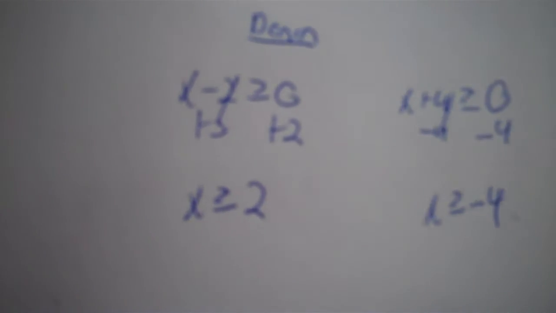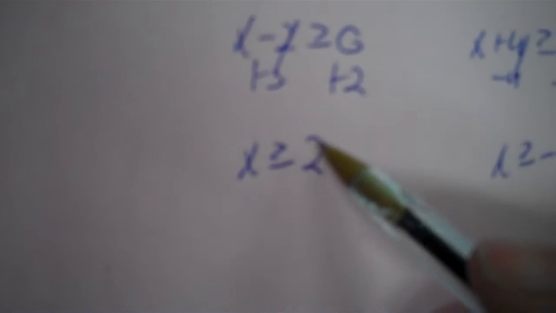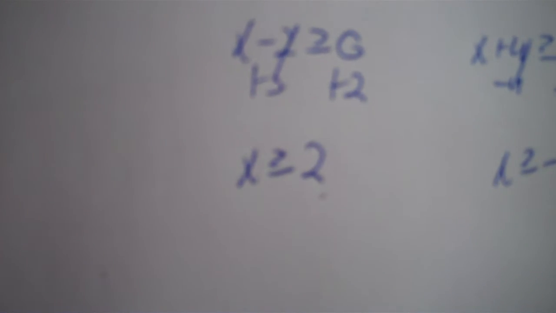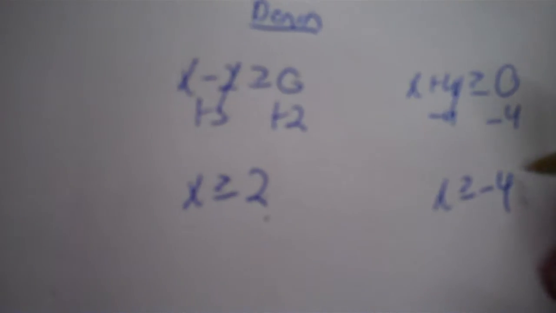Now when you have 2 of them, the one that's smaller you need to ditch, okay? Because x has to be greater than or equal to 2, okay? Greater than or equal to negative 4 doesn't really tell me a whole lot, because then I could be negative 3, negative 2, negative 1, 0, and so forth, but then that would be less than 2. So we ditch the smaller one, and this is the domain, okay?